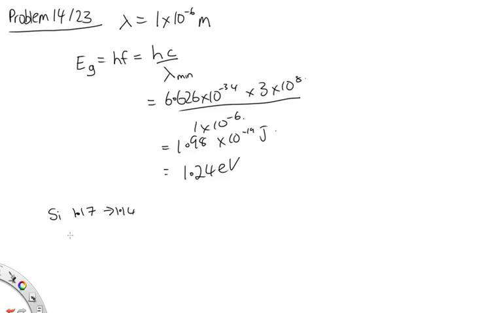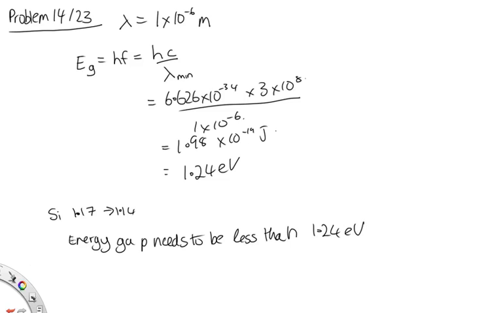So we can put that the energy gap needs to be less than 1.24 electron volts, and that silicon is an appropriate material.